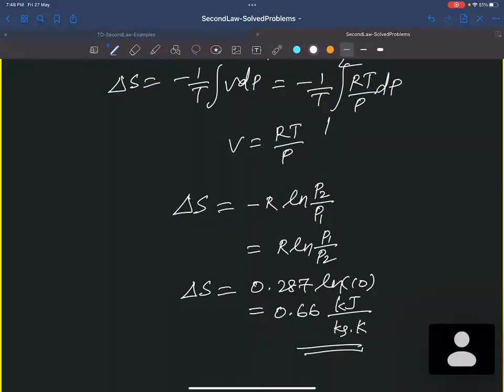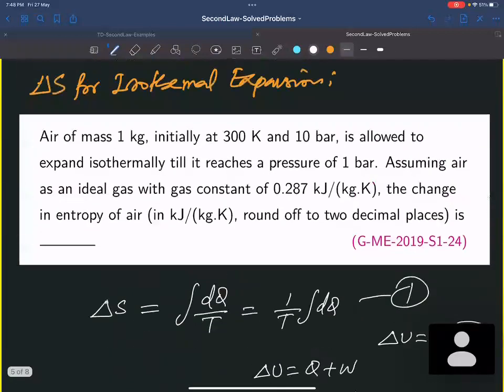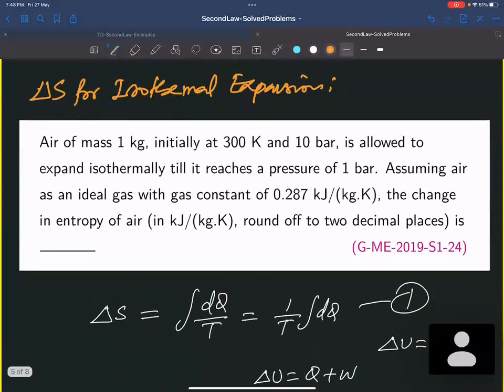Let me also check it. 0.66. Okay, correct. So we will write the answer here as 0.66. Yes, that is the correct answer.